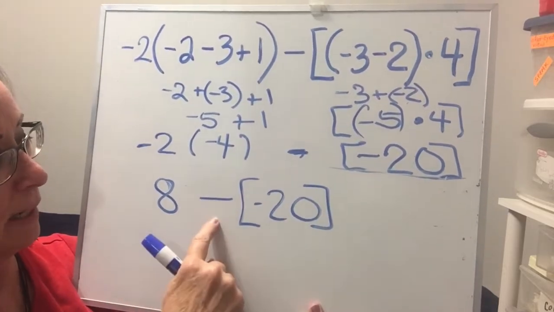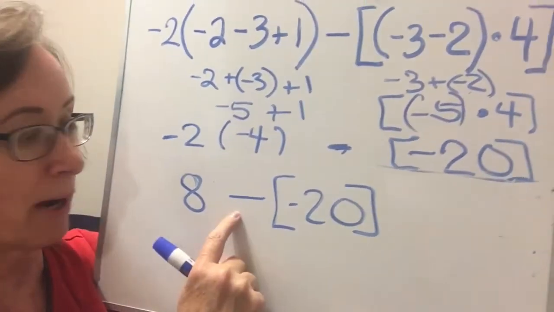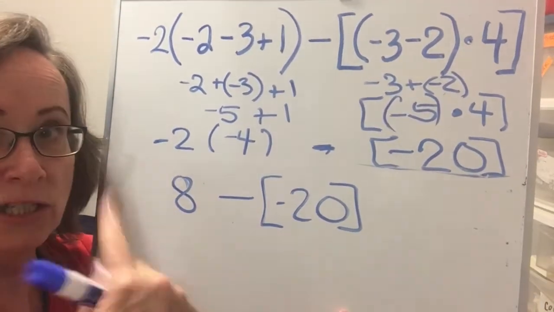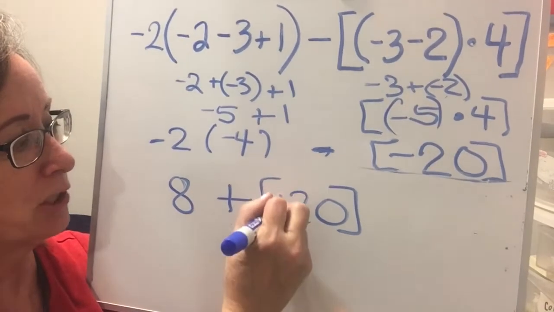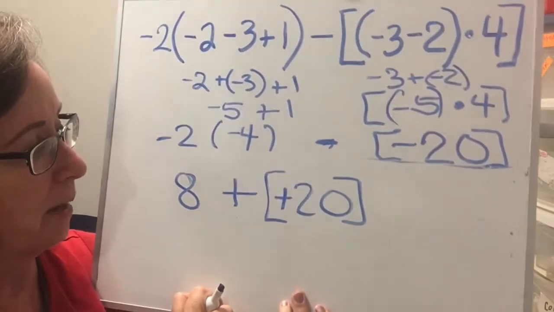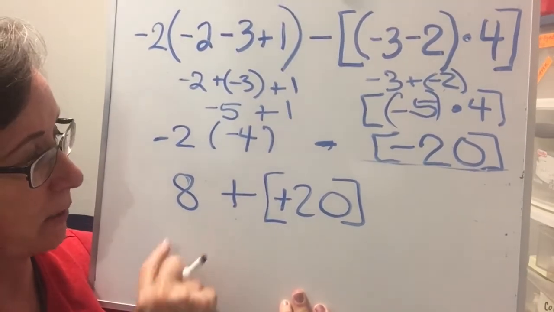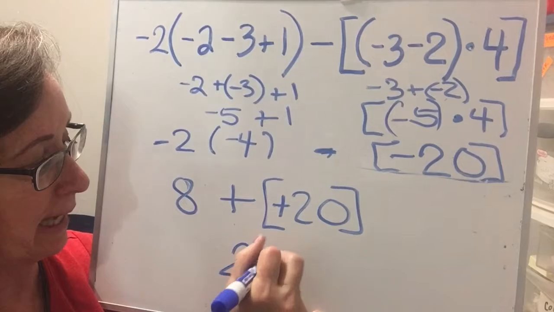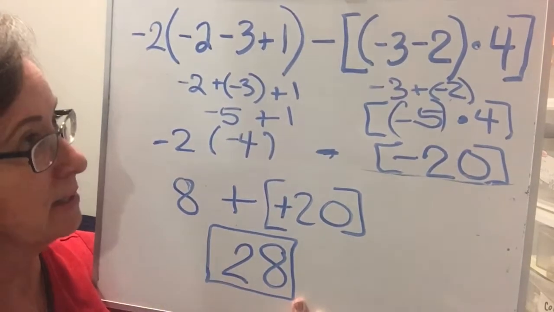And 8 minus a -20, when we do minus a negative, remember subtraction is addition of the opposite. So we can take this sign and change both signs, and we have the same equivalent expression. So 8 plus 20 is 28, and that is the correct answer.